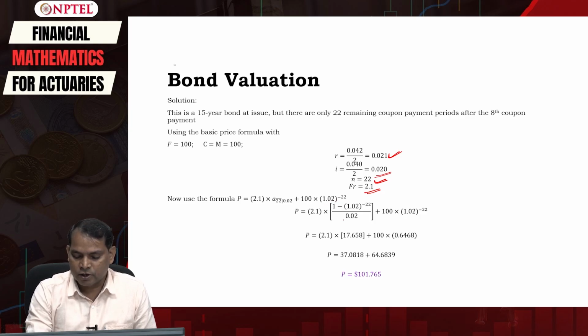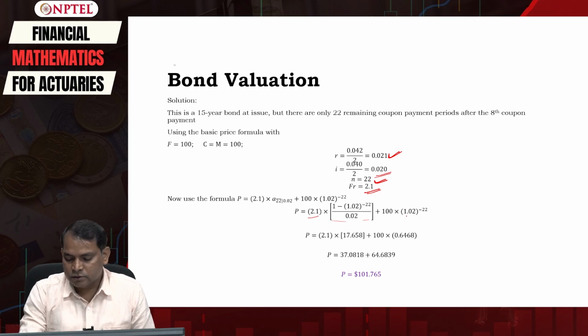Using the formula again the way we have already used it, we will have FR, and then this is the formula for present value interest factor for annuity with n is equal to 22 and I is equal to 0.02, we will have 17.658.